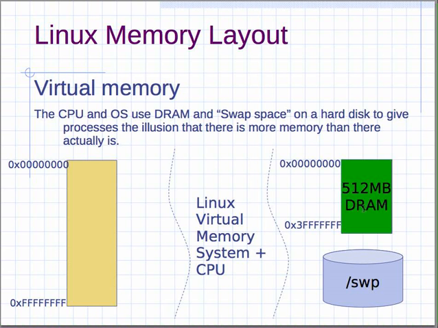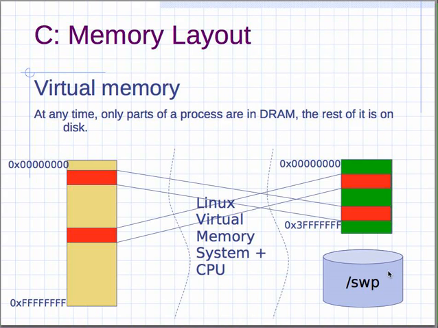It's true on older systems that you definitely need swap space. These days, memory is cheap and you have large amounts of it. You may never touch the swap unless you're running some massive programs, but it's still possible. At any time, only parts of a process are actually used and loaded into DRAM. The rest of it is on disk. Sometimes it's not even loaded, and sometimes it's on swap.